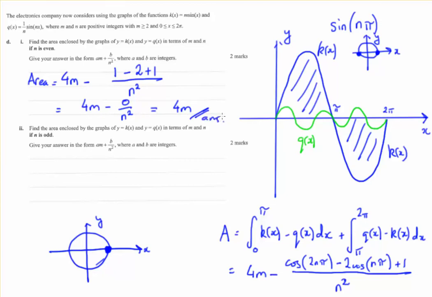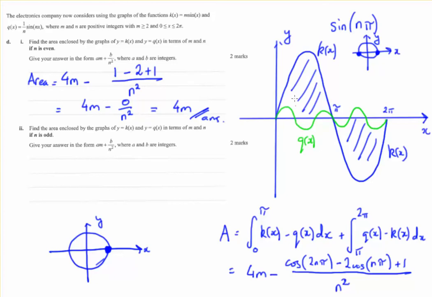Now you might think, oh, but I need the answer in this form. Well, yes, this answer is in that form because b equals 0 satisfies this form, because it says that a and b need to be integers. The integer b is 0, satisfies this form. So the area equals 4m, which makes sense, right?